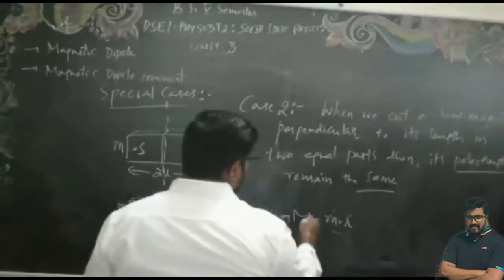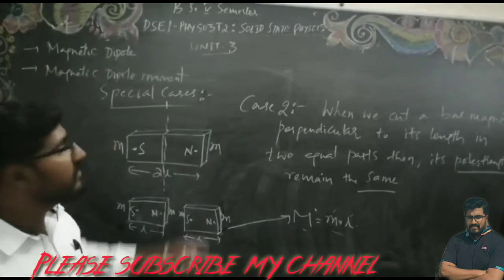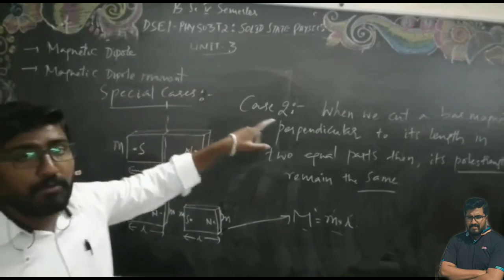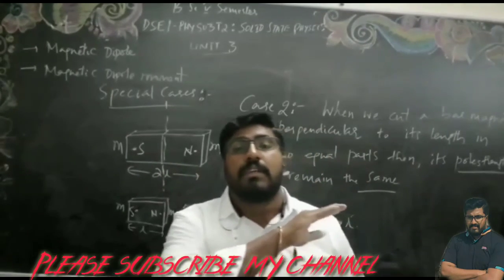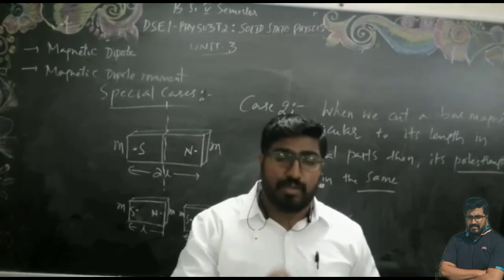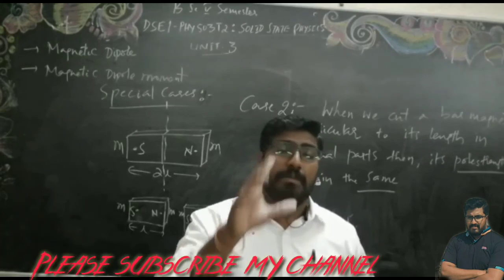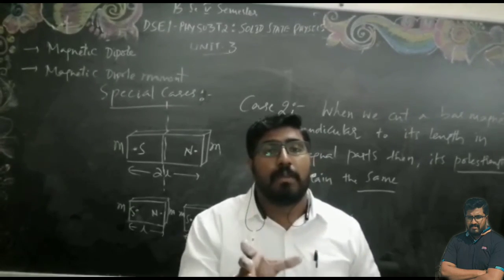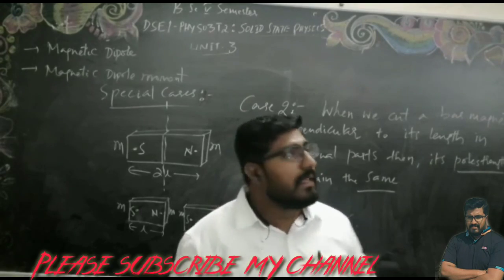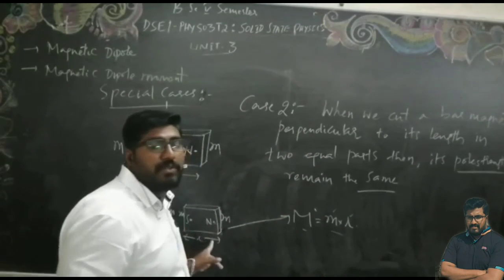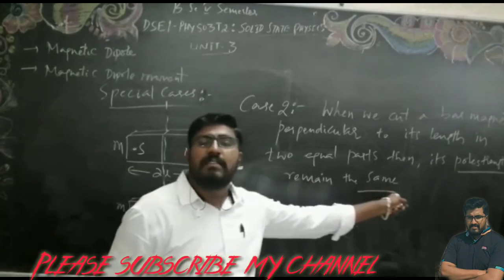So this is all about the special cases in the magnetic dipole moment. Now you understood: if we cut the bar magnet horizontally, what happens to the pole strength? It becomes half. If I cut the same bar magnet vertically or perpendicularly, what happens to the pole strength? It remains the same.